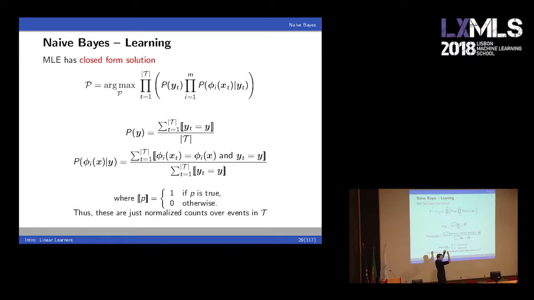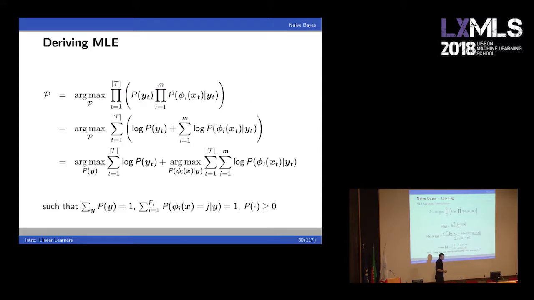So these double brackets mean the number of instances where label YT equals a particular label. So where a gold standard label equals a label. And this is the instances of feature instantiations in the training data. So this is exactly what we did when we calculated the probabilities of labels and features for the frog, right? We did relative frequencies.